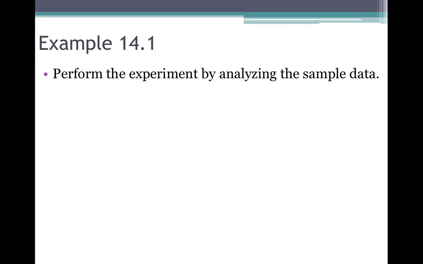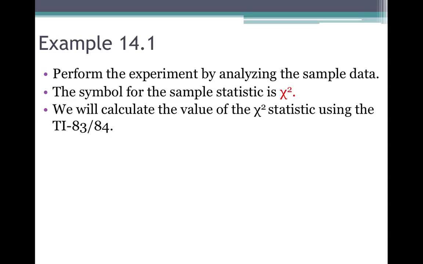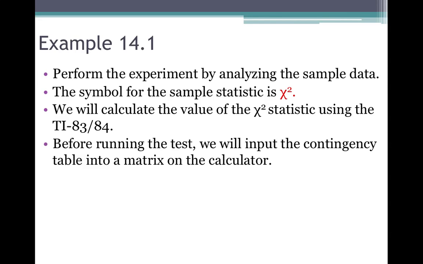Okay, we are now going to discover how we analyze tabular data on our calculator. The symbol of the sample statistic in this problem is chi-square, so enter that on your handout. We're going to get the value for chi-square using the TI calculator. You can do the same function on the 83 or the 84.